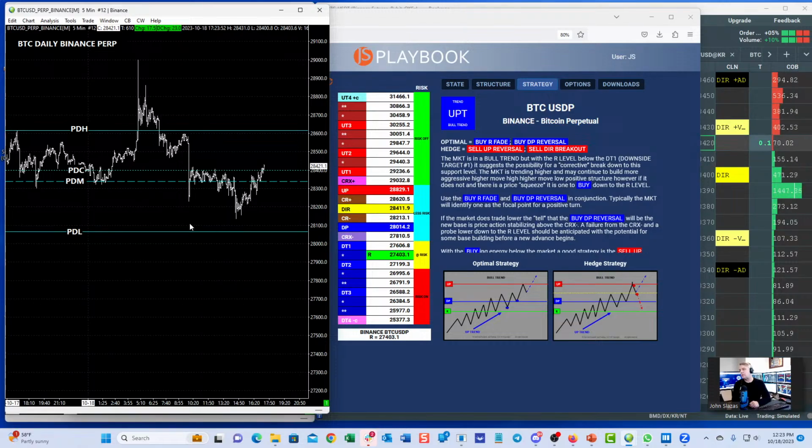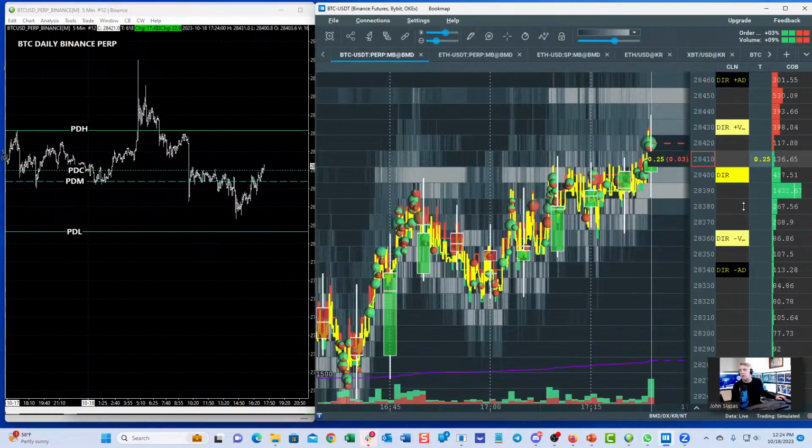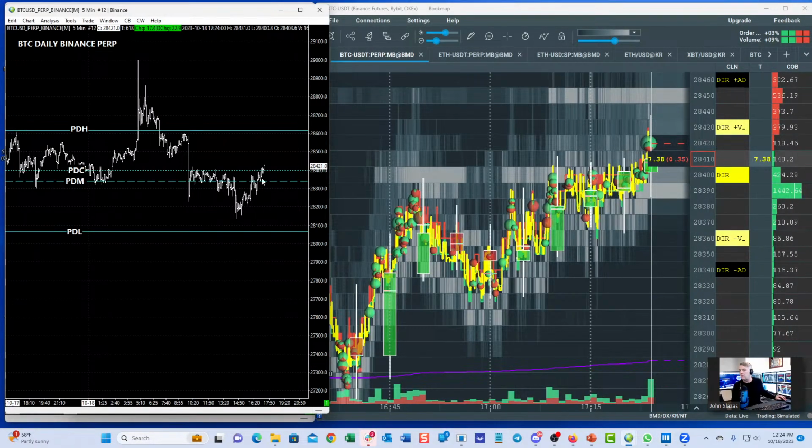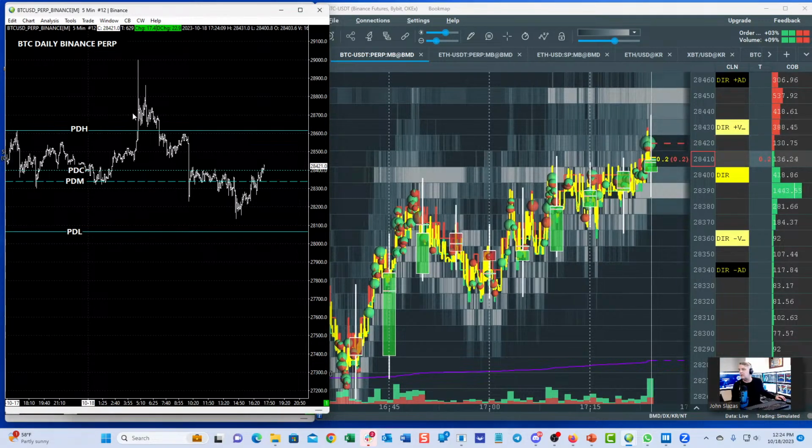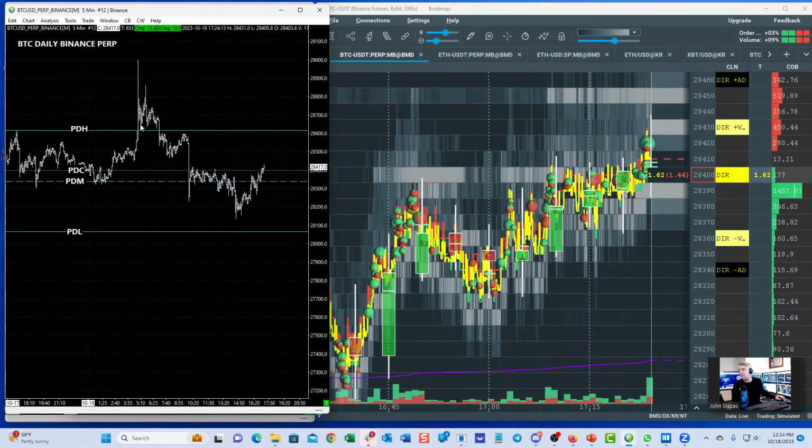So, just some simple, again, we're looking to standardize your method. If the market's trading above the previous day's high, that's positive. If it's trading below the previous day's low, it's negative. If you're short and the market's above the previous day's high, there's an issue.